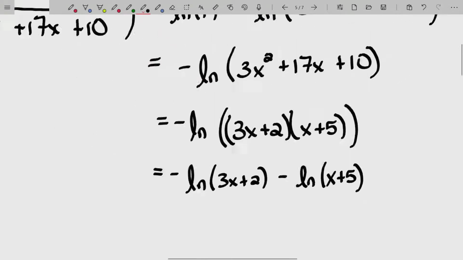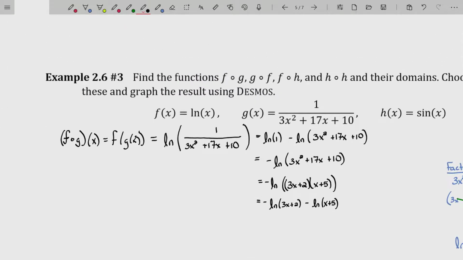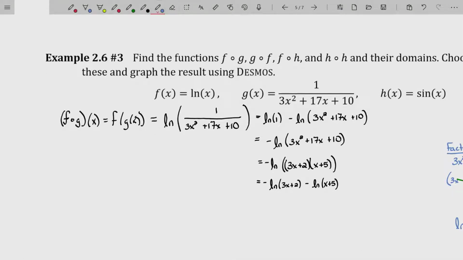So let's talk about the domain of f composed with g of x. I'll use green ink to talk about the domain. So let's start with the innermost function, and the innermost function is this 1 over polynomial.